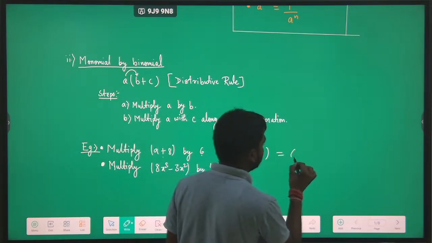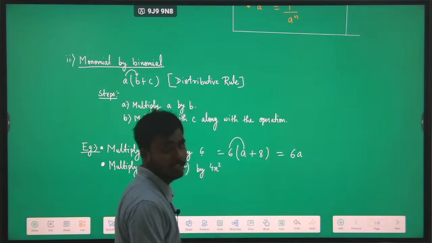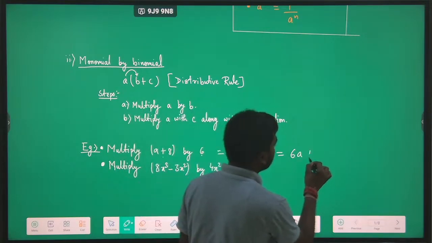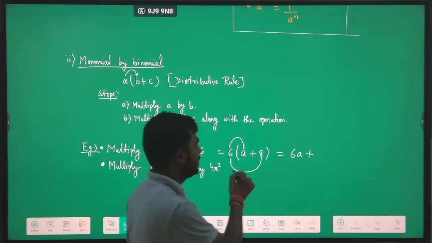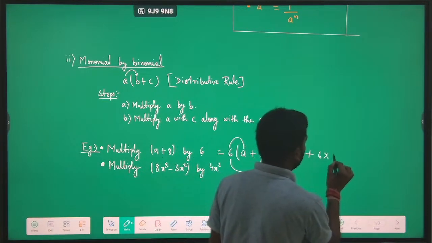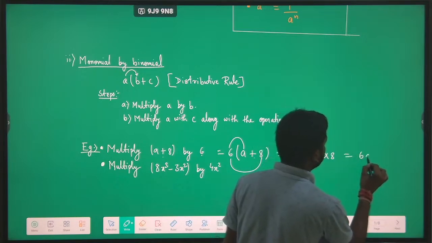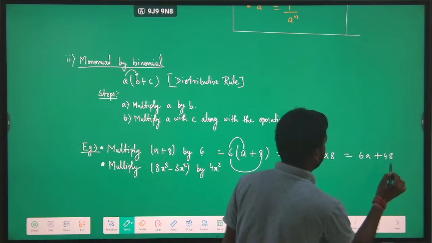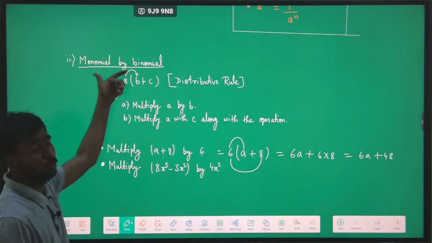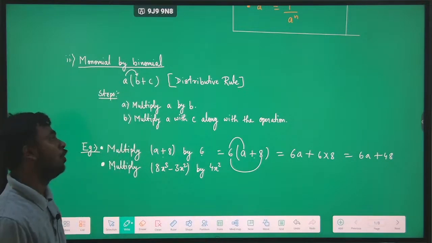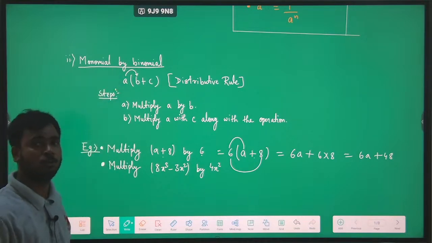So it will be 6 into a, that means 6a, plus we will multiply this with 8 again. So this 6 into 8 will be 48. So the value will be 6a plus 48. So in this way, we will multiply a monomial by a binomial. Okay.